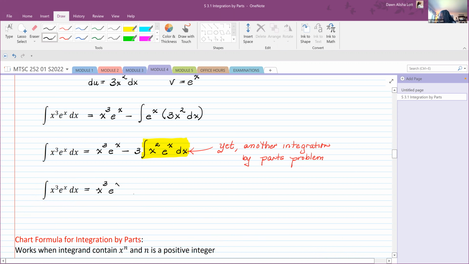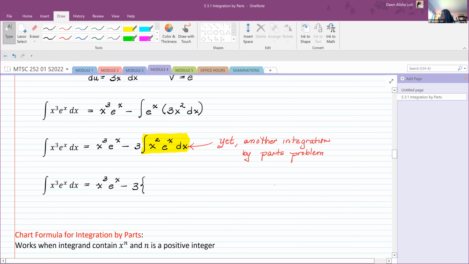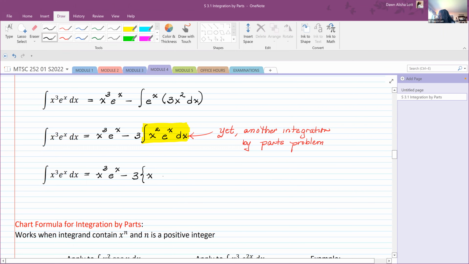But I gotta subtract off 3 times the one we just found, which was x squared e to the x minus 2x e to the x plus 2 e to the x. Okay, I think that's right.